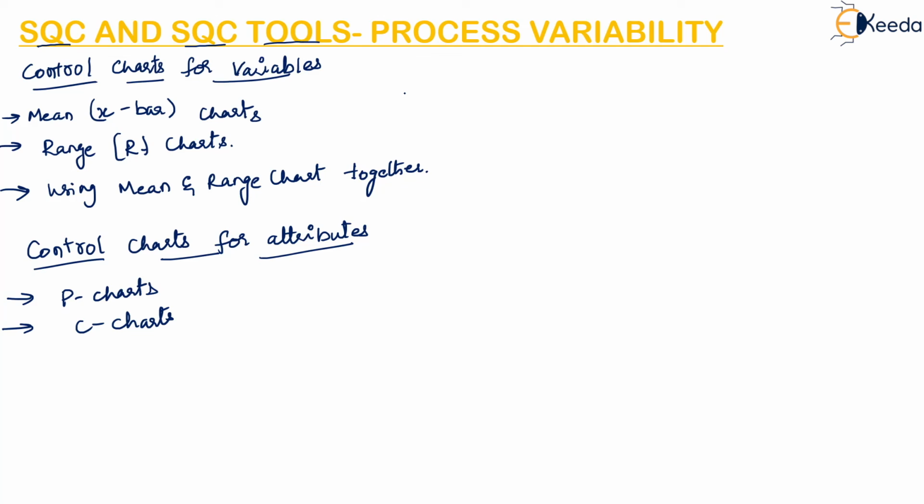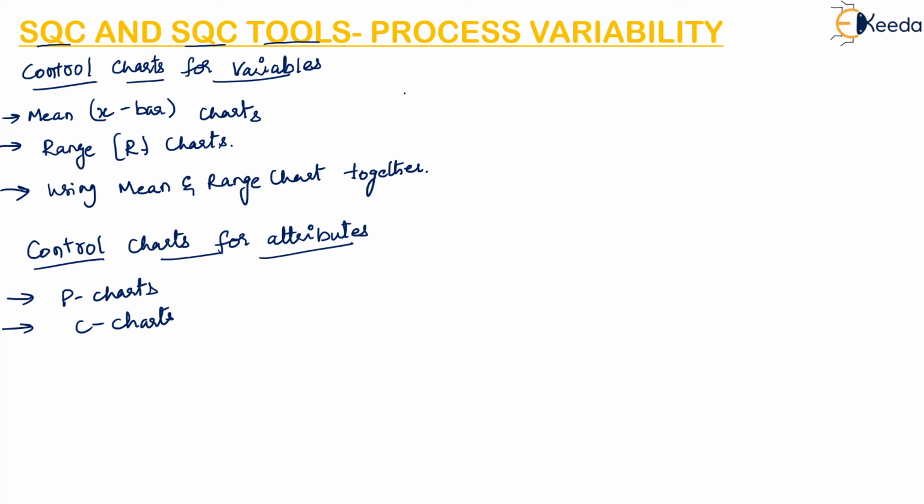For descriptive statistics we have the mean, the range and the standard deviation. For statistical process control we have the control charts, and there are different types of control charts. For acceptance sampling we use the sampling technique to see that the product which we are producing is of very high quality.